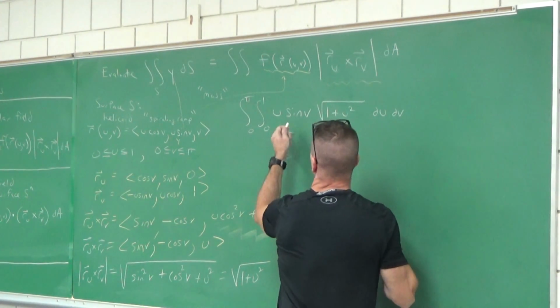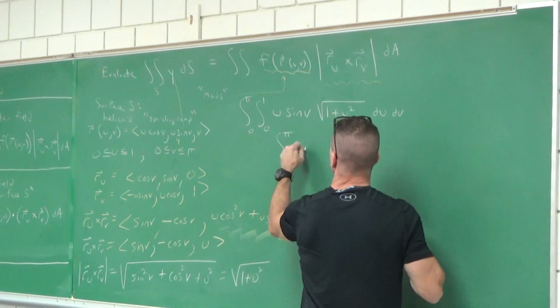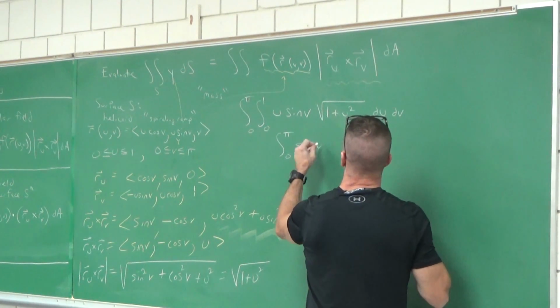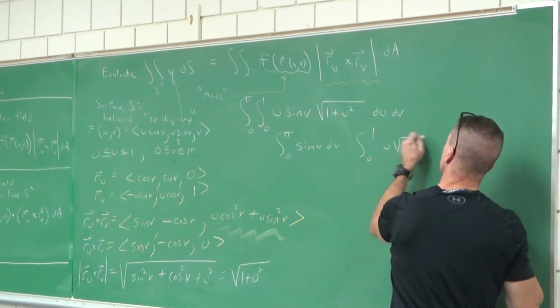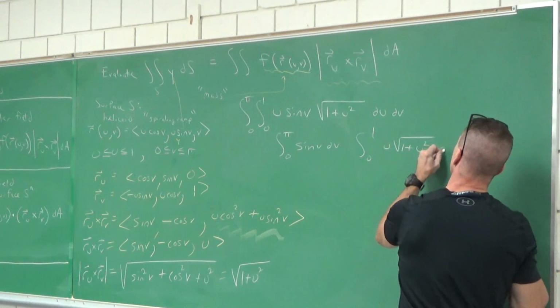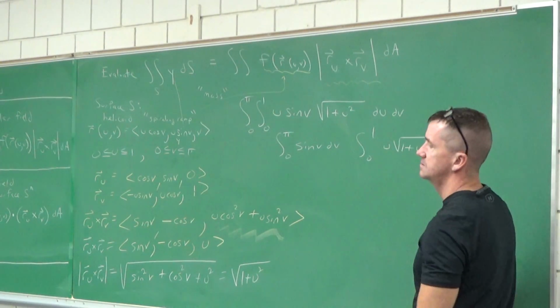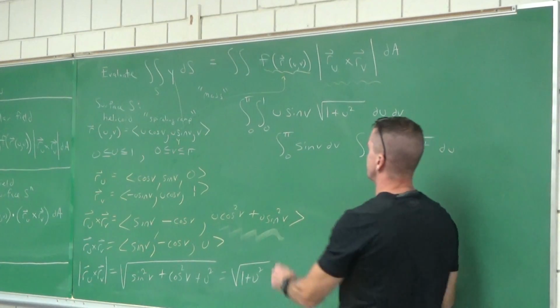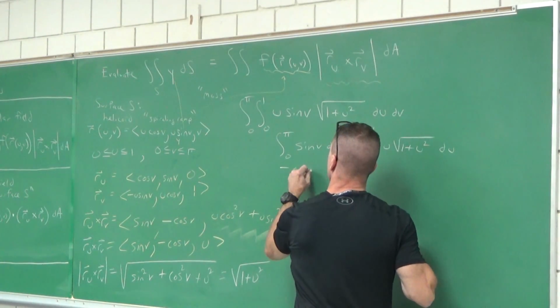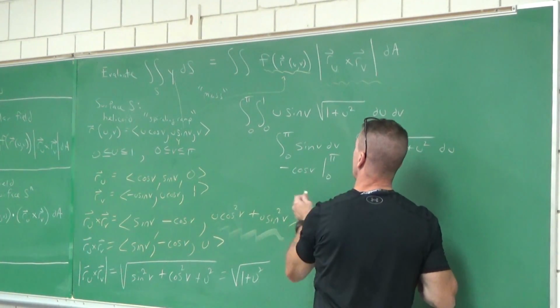I'm going to go from 0 to 5, all the v stuff. All right, sine of v, that's it. Multiply the integral from 0 to 1 of u square root of 1 plus u squared. What's that? Negative cosine v from 0 to pi. What's the negative?